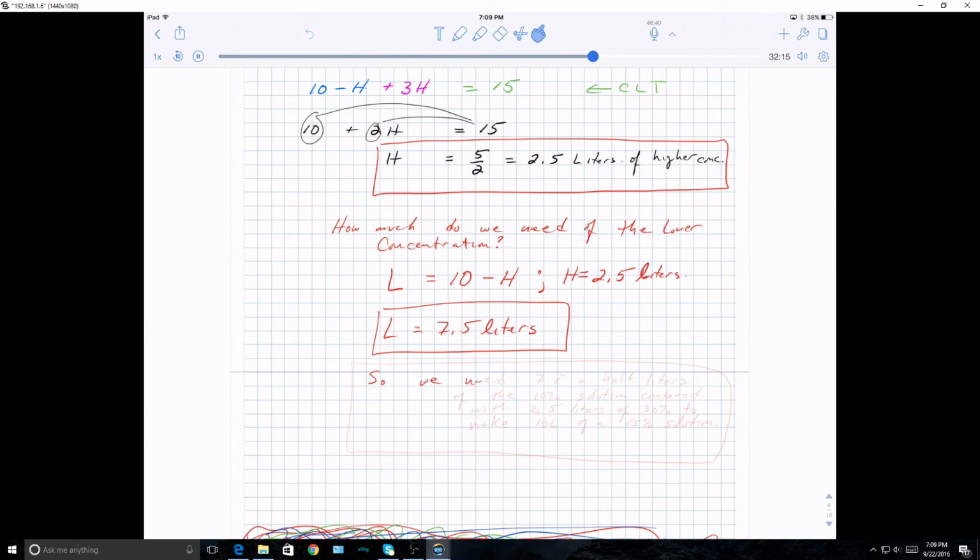So we need 7.5 liters of the 10% solution combined with 2.5 liters of the high concentration, which was 30%, to make 10 liters of a 15% solution.